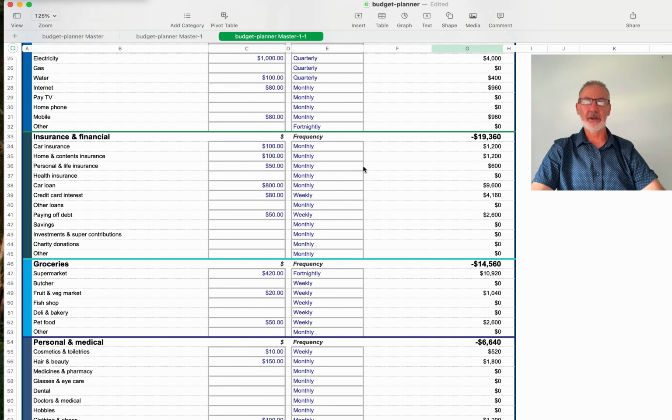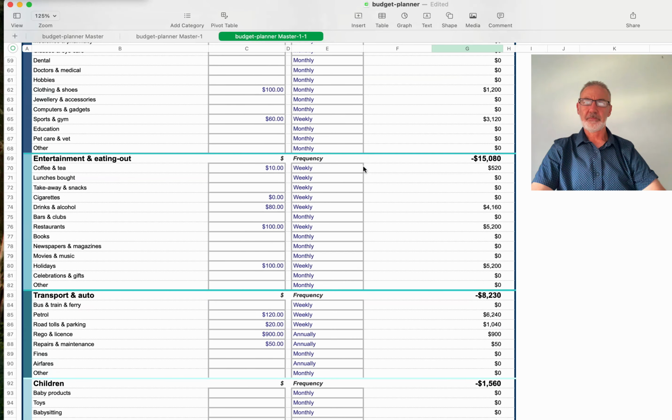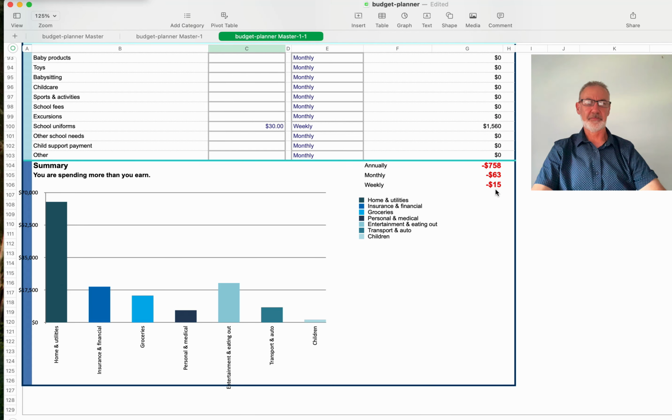But let's go back and put the smoking back in, the $100, or let's say in this case, let's make it 120. So that's a $15 deficit each week.